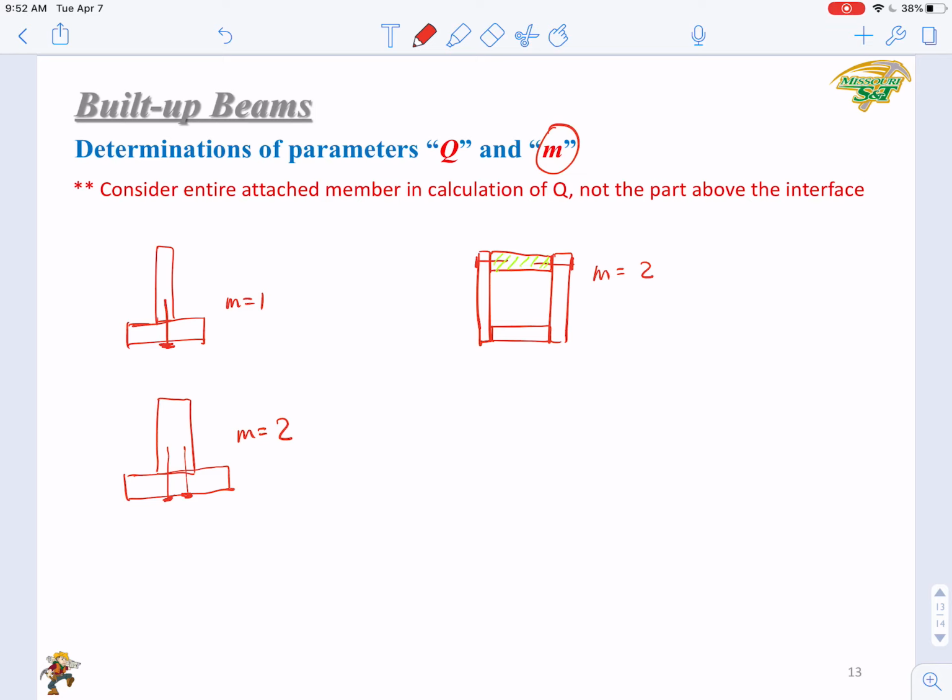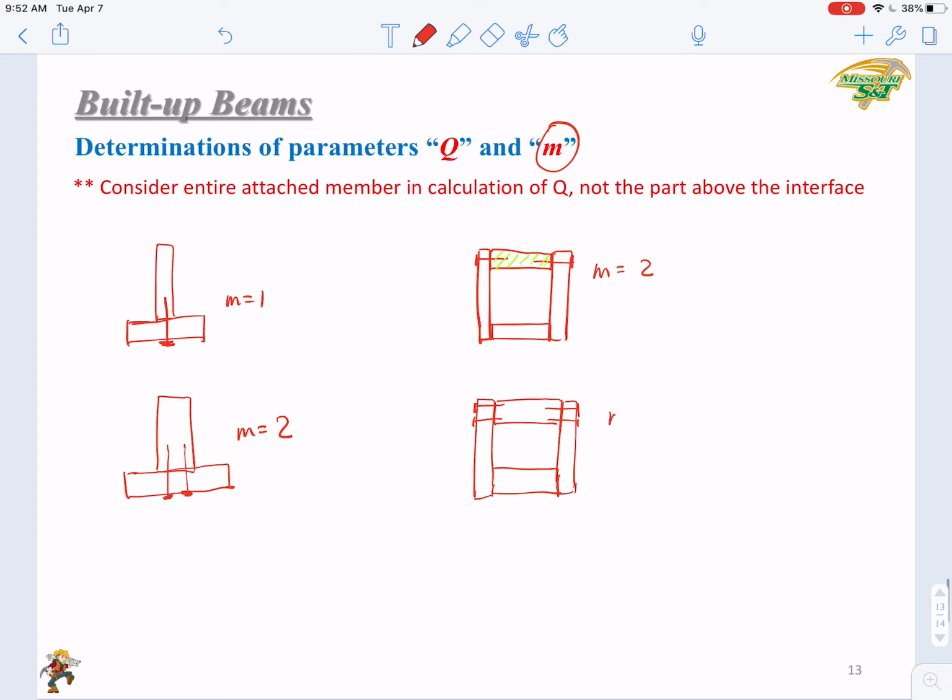Then if you have these 4 pieces of material connected in such a way that you have 2 rows of nails, and on each row you have 2 faces that will be sheared.